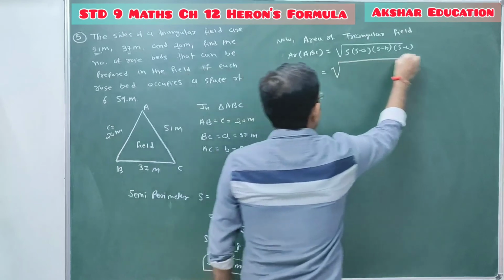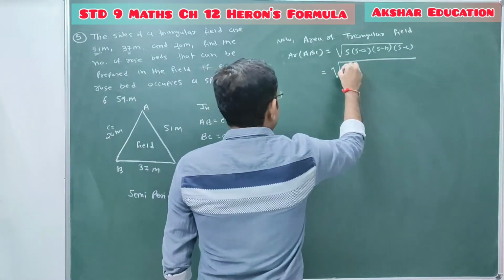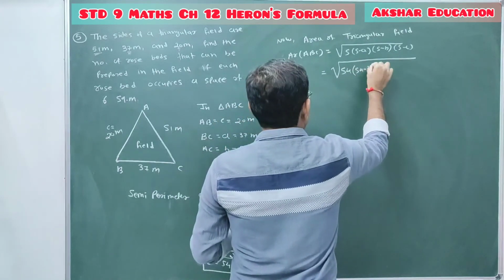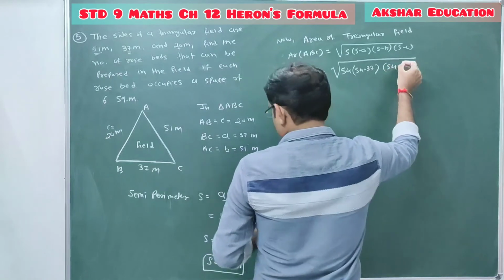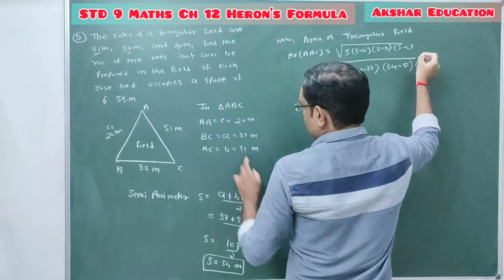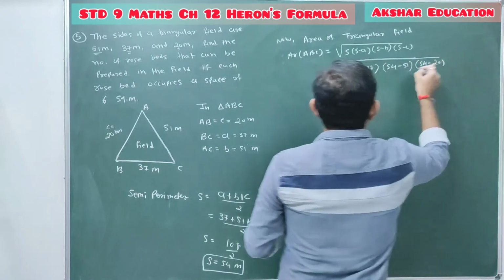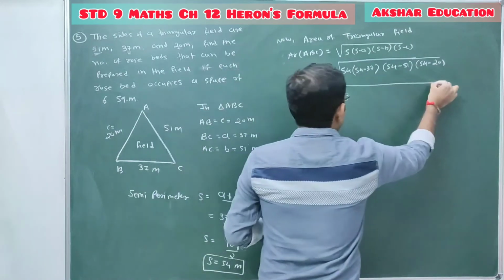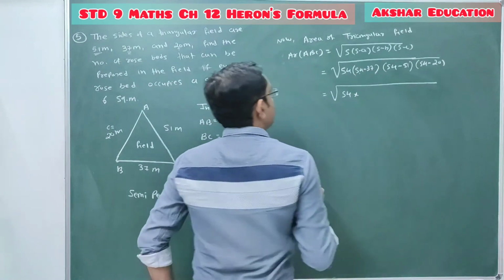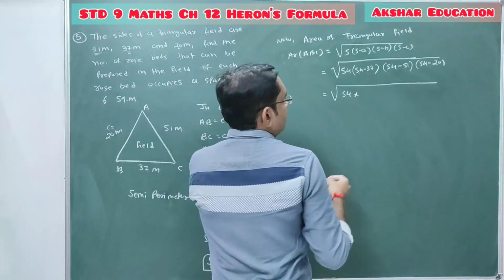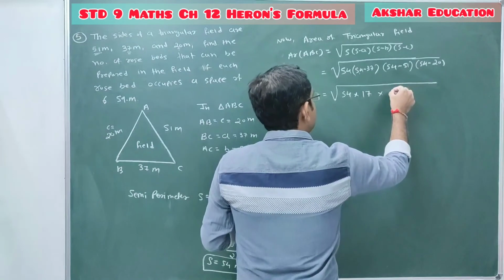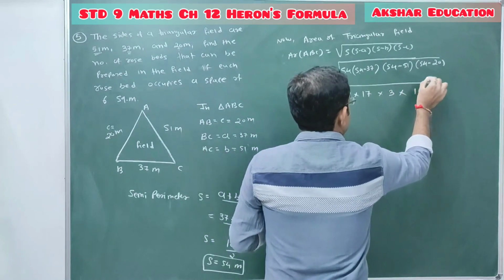So this is equal to the square root of semi-perimeter S, 54, into 54 minus a, small a 37, into 54 minus b, small b 51, into 54 minus c, small c, which is 20. So this is equal to 54 minus 37 is 17, 54 minus 51 is 3, and 54 minus 20 is 34.